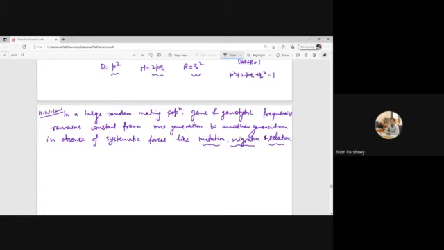Now the population with P square, 2PQ, Q square is then said to be in equilibrium under the system of random mating.